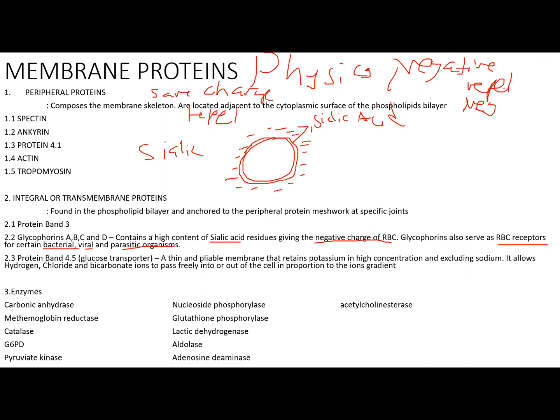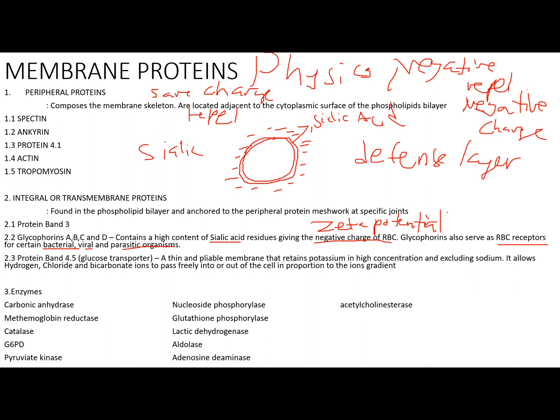So, negative charge would repel a negative charge cell also. Due to this ability to repel, it acts as a type of defense layer. And this negative charge is known as what we call the zeta potential.